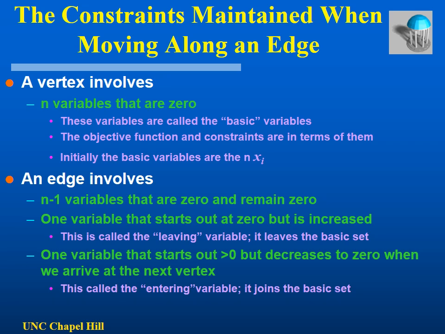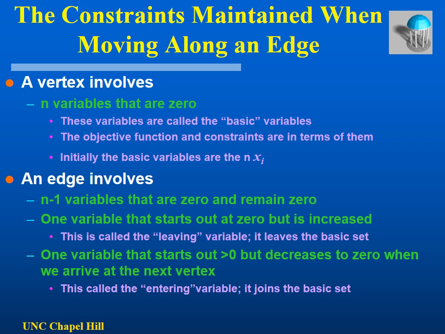So at the vertex, we have the leaving variable and then the remaining n minus 1 variables that are 0 and will stay 0. When we are at the initial vertex, the starting vertex, there is this additional variable which is going to block our way, is going to provide the constraint for us to stop this edge. That is to say, it's going to become 0 at the end of this hyperpolygon edge.